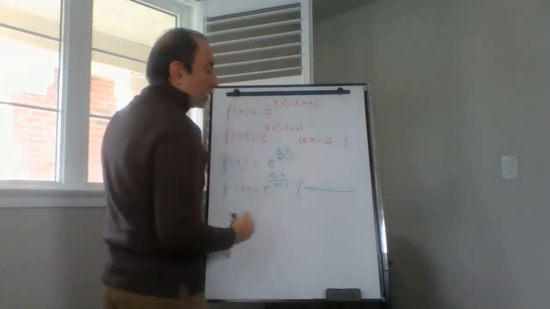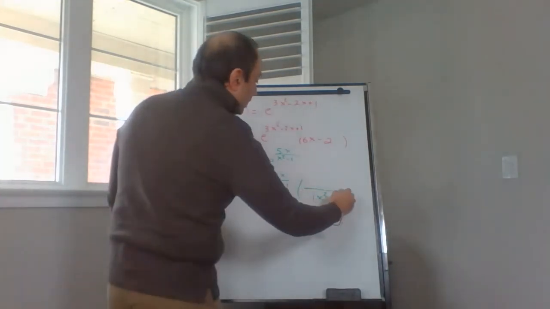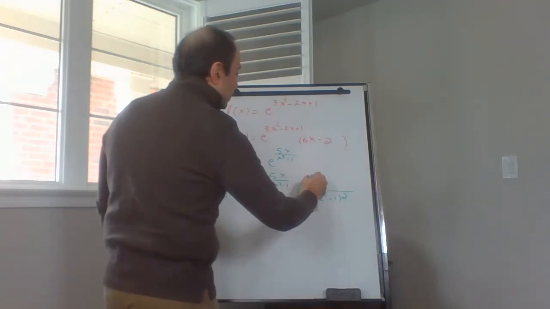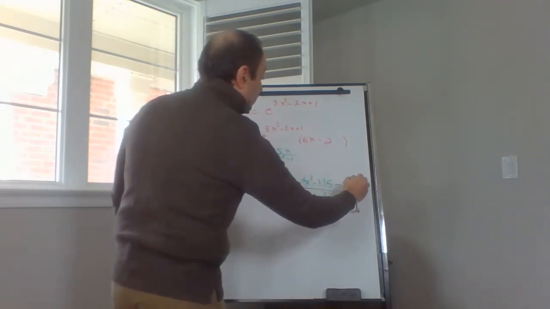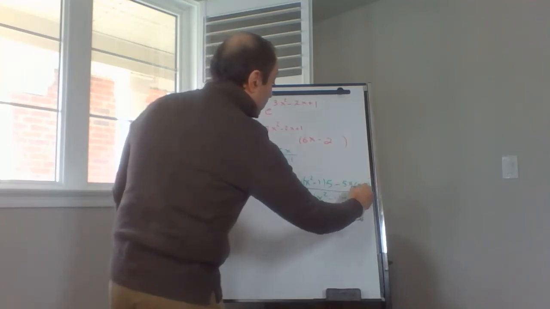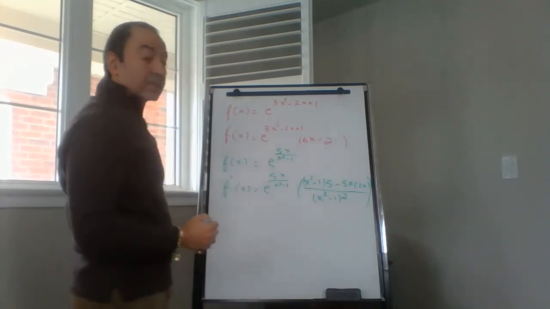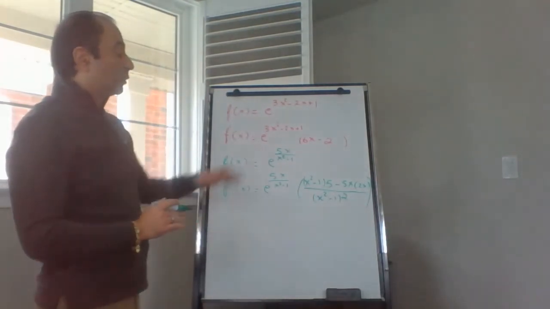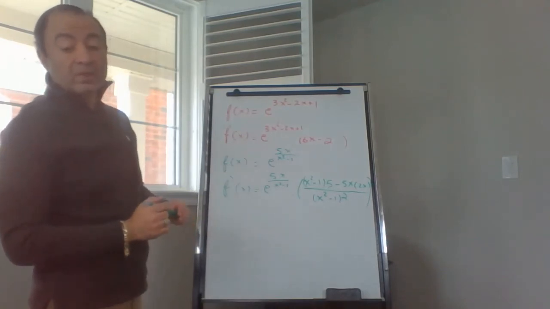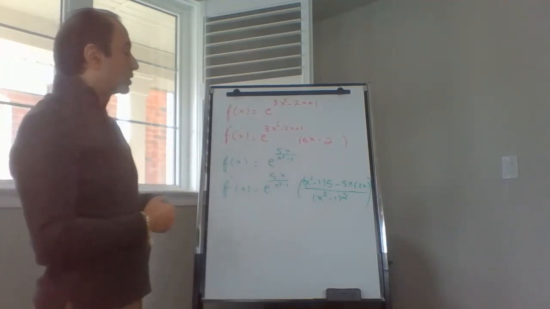I have to use the quotient rule, which is low squared, low d high minus high d low. Of course we can simplify this, but this is not the point right now. We need to apply the rule and master it first, then we are going to do the simplification and the algebra work.